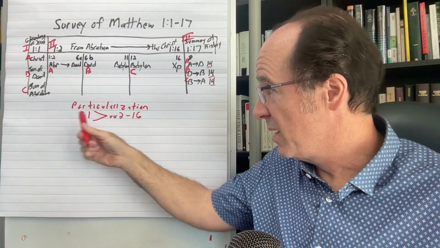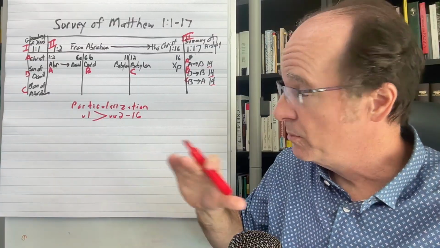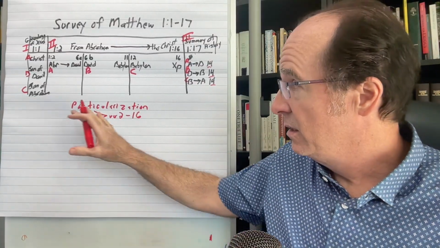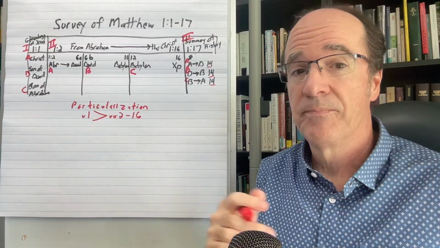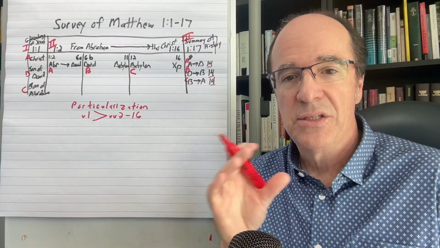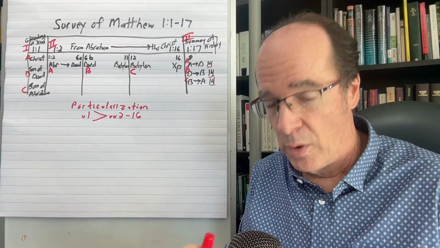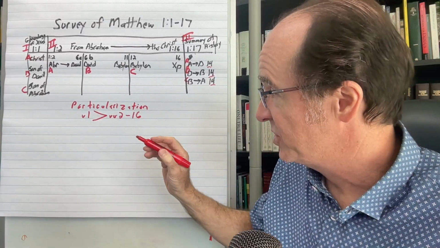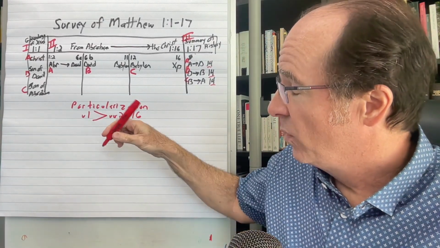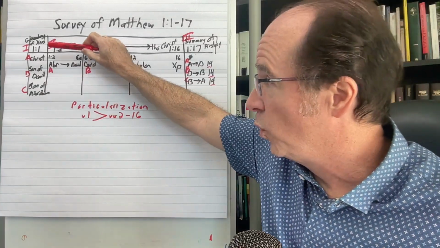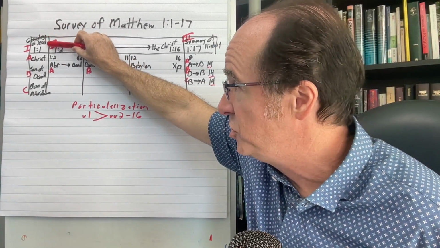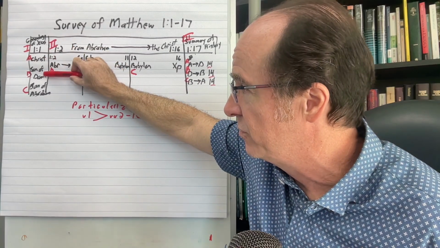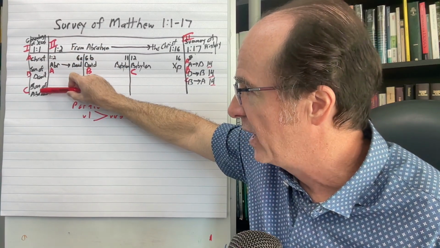So this would be an example of a particularization. And some of you may have noticed that this particularization also has embedded in it one of the secondary or auxiliary structures of chiasm. And what I mean by that is, notice how verse 1 read. This is the genealogy of Jesus, the Christ, the son of David, and the son of Abraham.